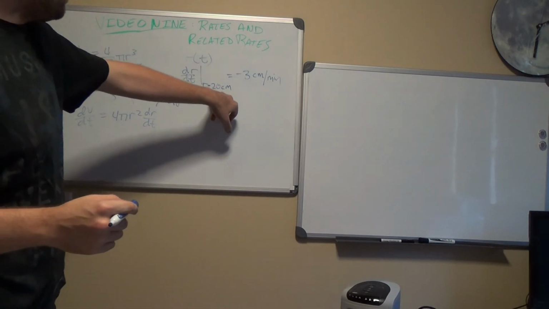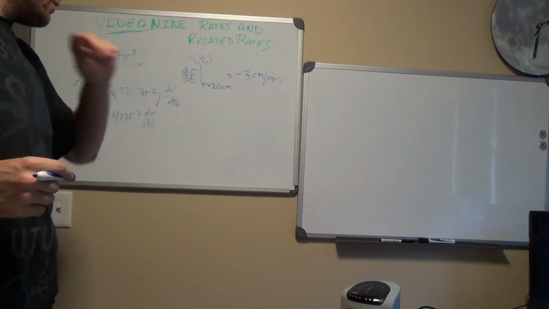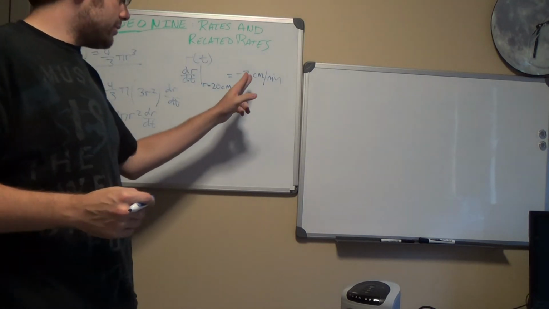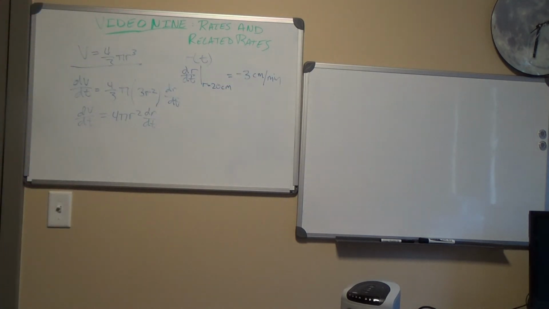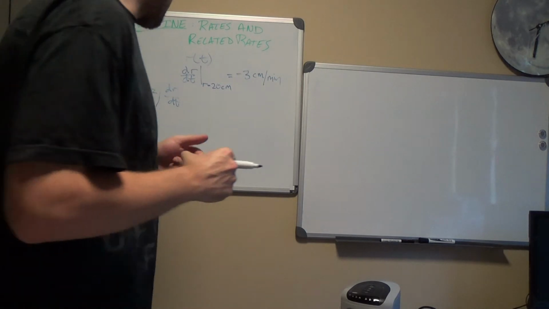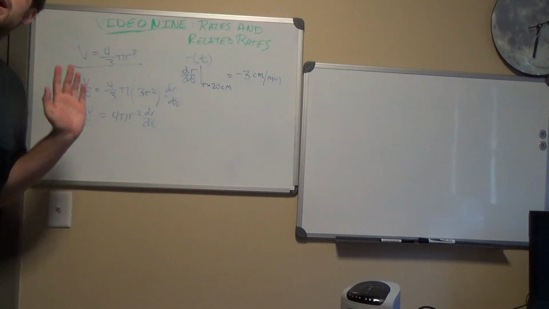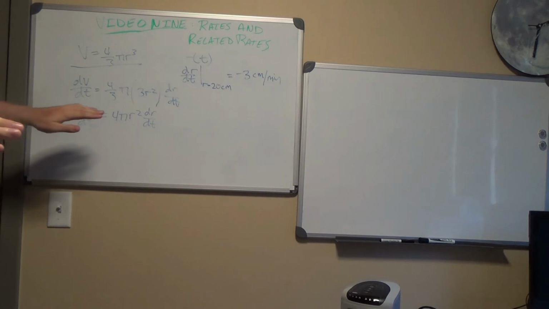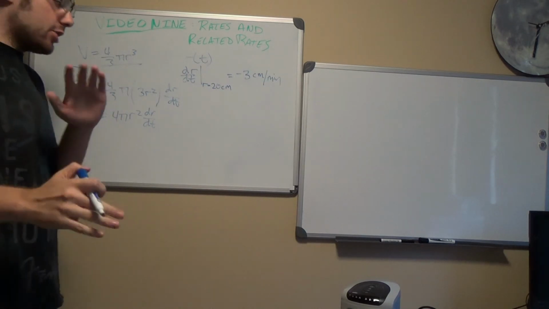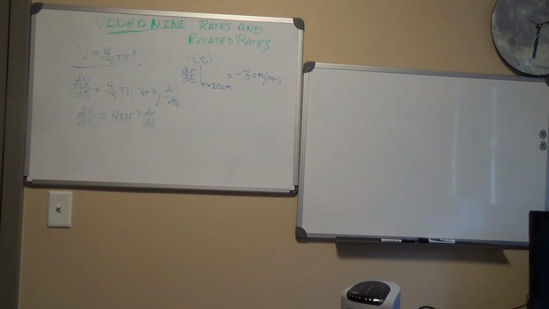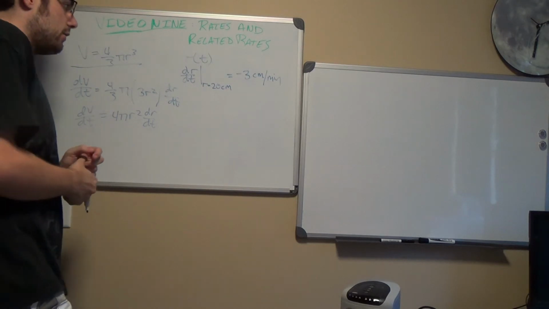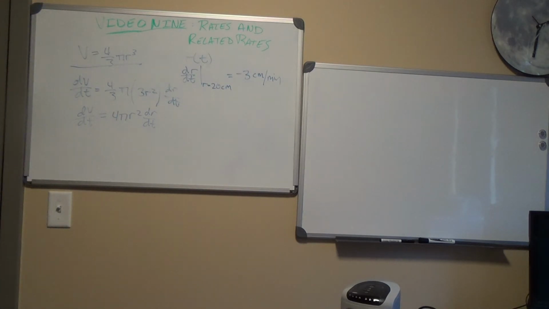So we have a radius r equal to 20 centimeters, and we have a rate of change of -3 centimeters per minute. We don't have anything else. We don't know the time relation of the radius, as I mentioned earlier. So what we have to do is basically just plug and chug our values.